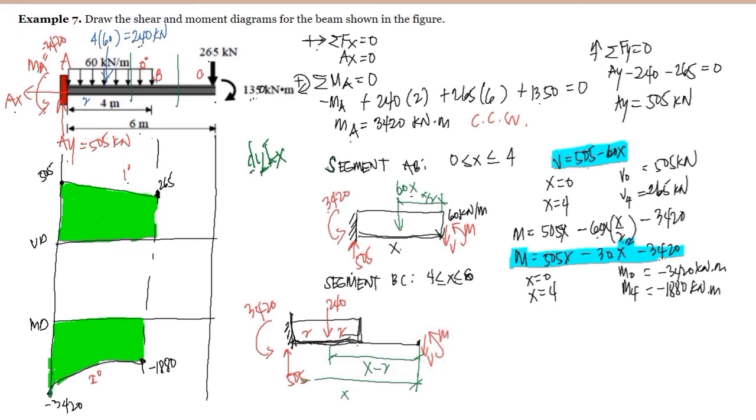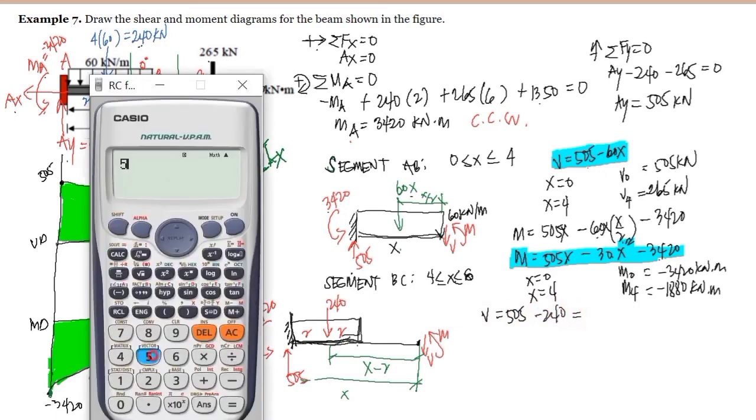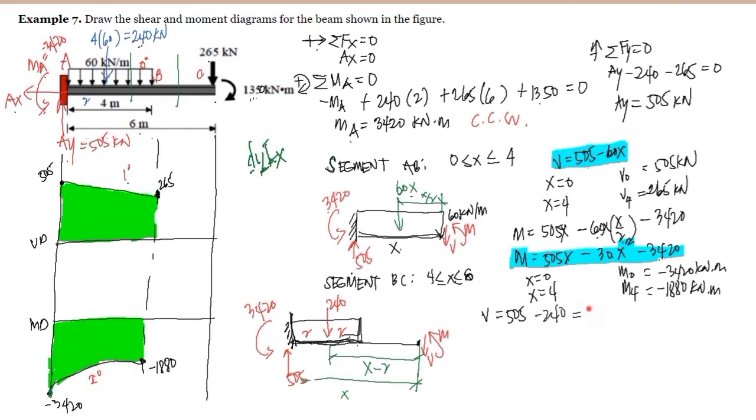Okay, so for the equation of the shear, we have the shear is equal to 505 minus 240, since there are only two of them there, and this is equal to 505 minus 240, that is 265. So we have here 265. So this is the equation of the shear.